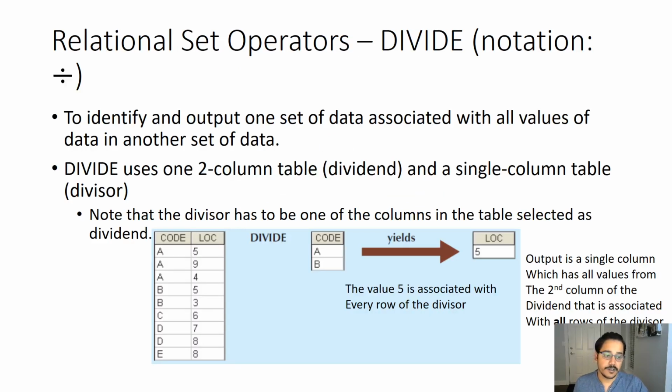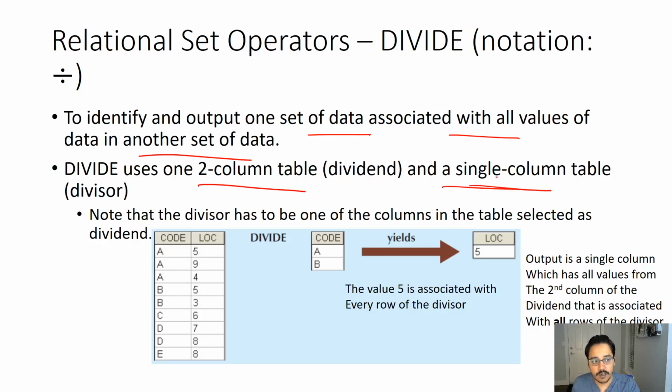So thereafter, we have the divide operation, which is to identify the output of one set of data if it is associated to all values of another data set. Okay. So divide always takes place between a two-column table and a single column table, and the single column table's column has to be one of the two columns. In this example, we have this two-column table where we have code and location.